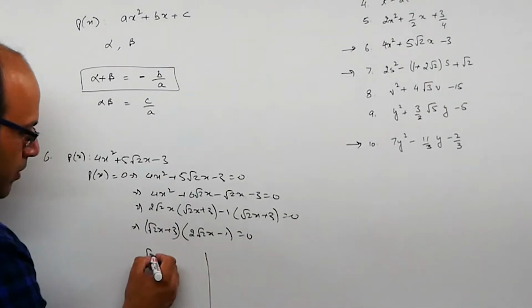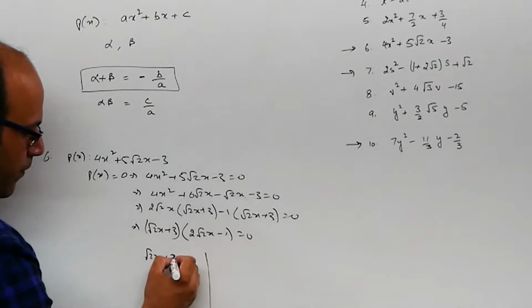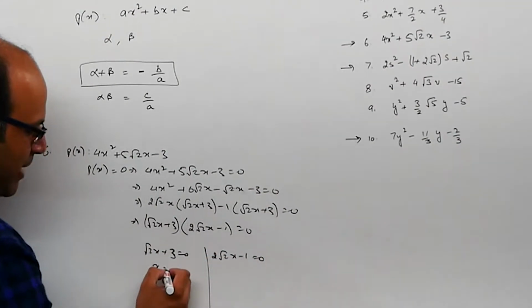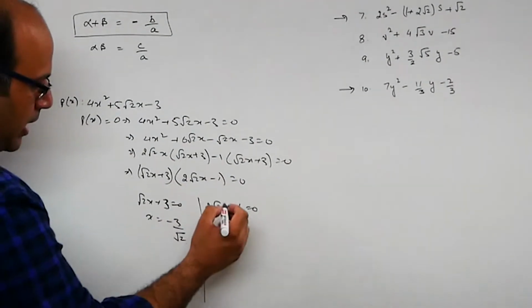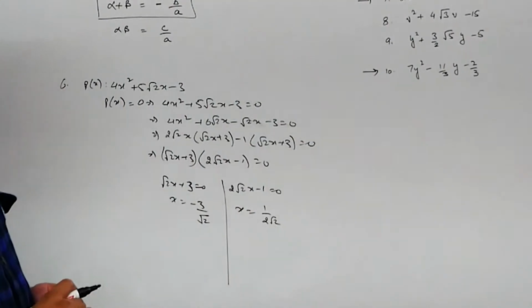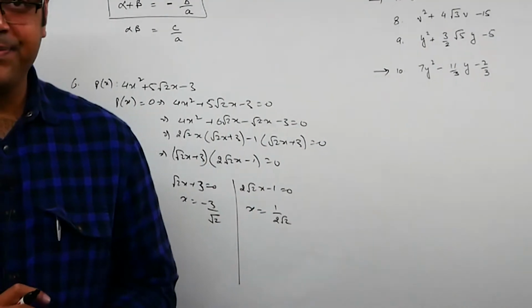So either root 2x plus 3 equals 0 or 2 root 2x minus 1 equals 0. This gives me x to be negative 3 upon root 2, and this gives me x equals 1 upon 2 root 2. It turns out these are the two zeros that I have.